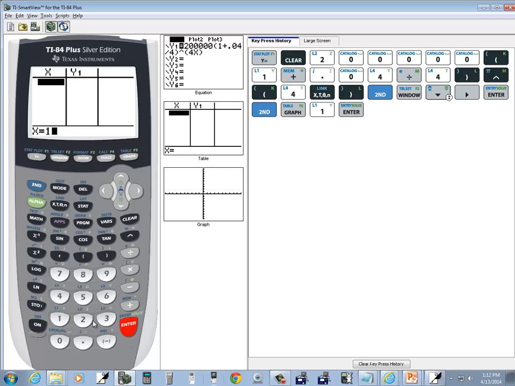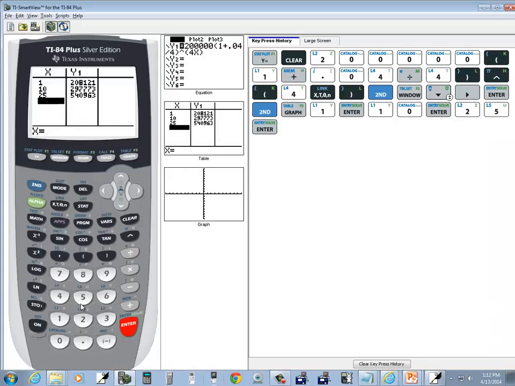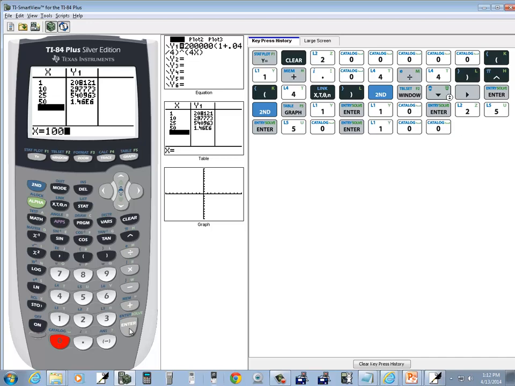So 1 enter, 10 enter, 25 enter, then 50 enter, 100 enter, 500 enter.